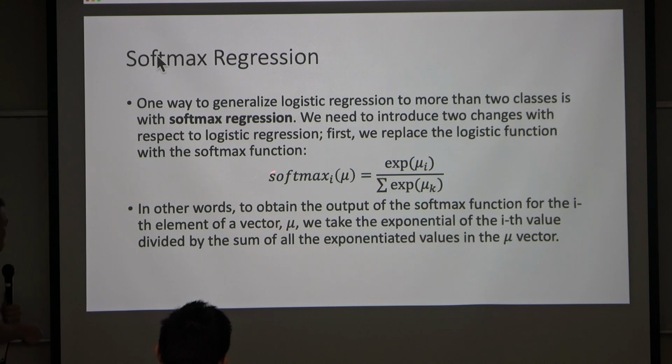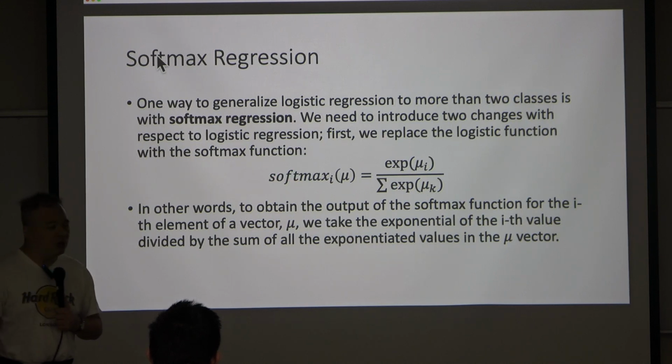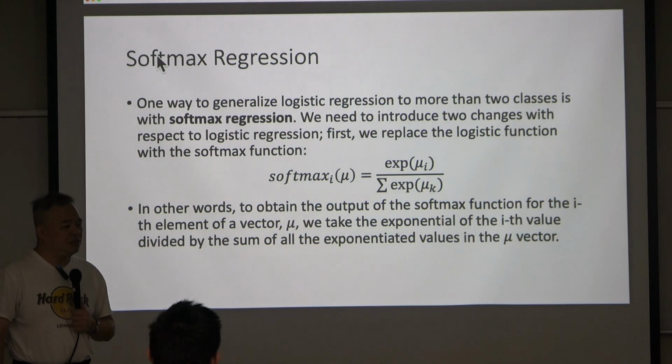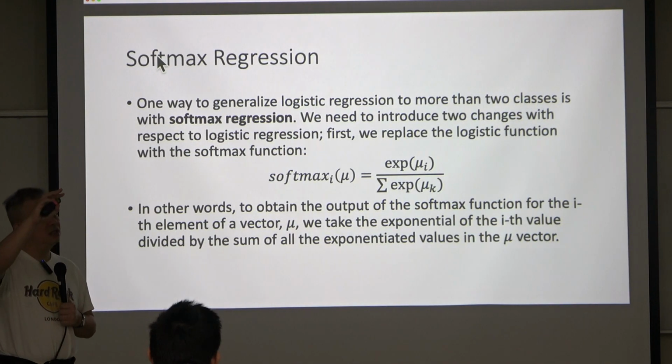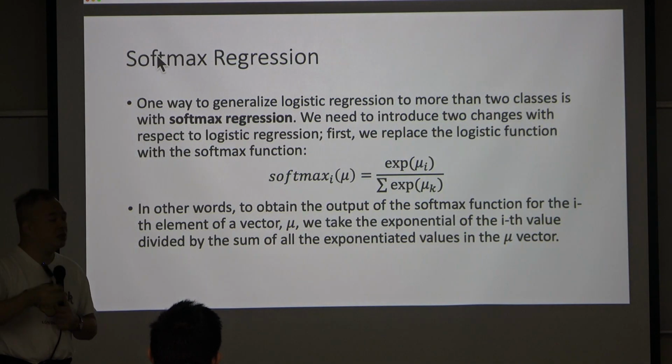For each output component, softmax i of mu is the exponential of mu i in the numerator, divided by a summation of exponentials of mu k in the denominator. From this equation, you can tell that all the terms are put into the power, so it's e to a power, where that power is a term of your input.